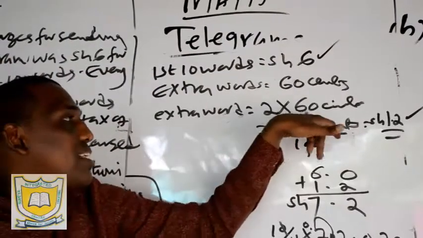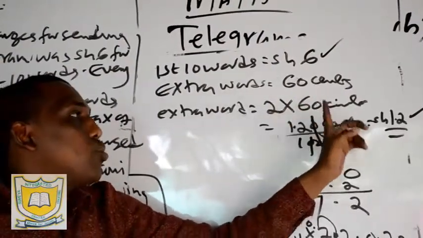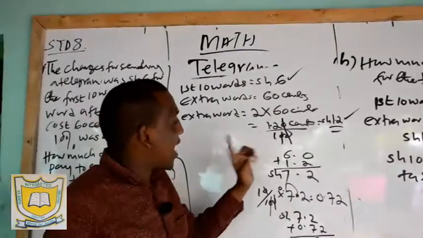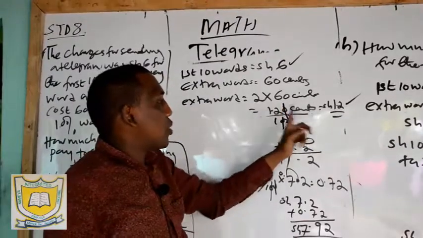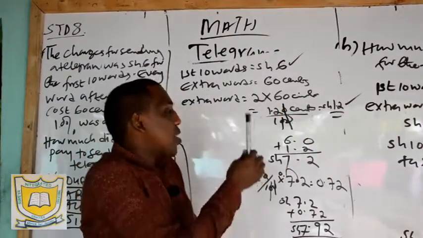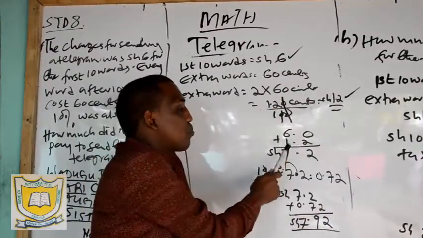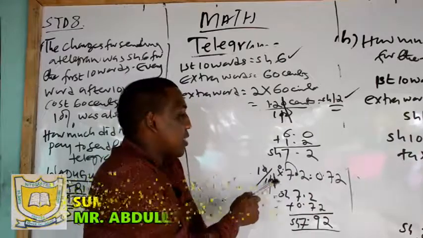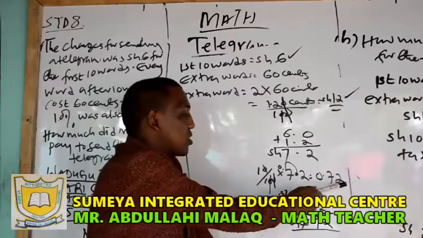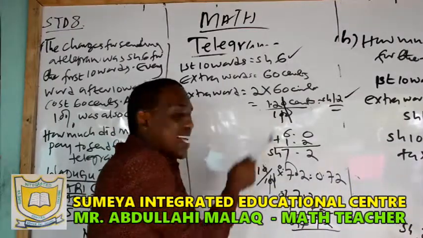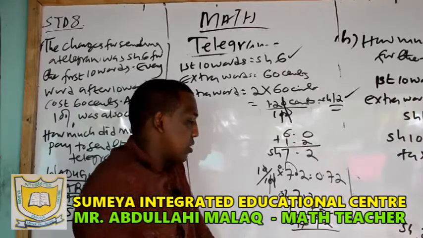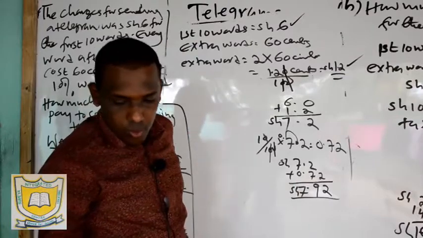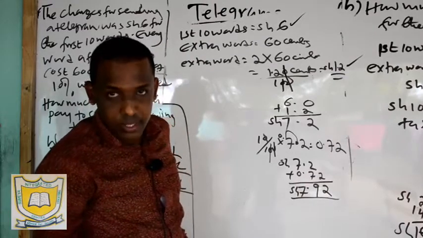Each extra word was charged 60 cents, so 60 times 2 gives 120 cents. Whenever you are given cents, you divide by 100 to change into shillings. You will get 1.2 shillings. Add the two: 6 plus 1.2 gives 7.2 shillings. A tax was charged: 10 over 100 times 7.2 gives 0.72. So 7.2 plus 0.72 gives 7.92 shillings. That is the total amount you are supposed to find.